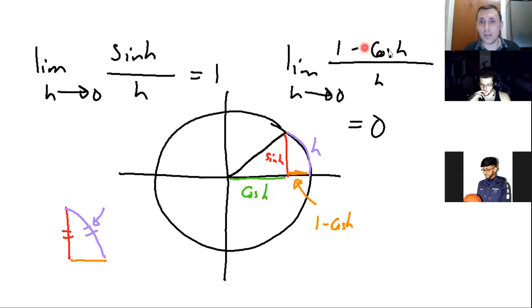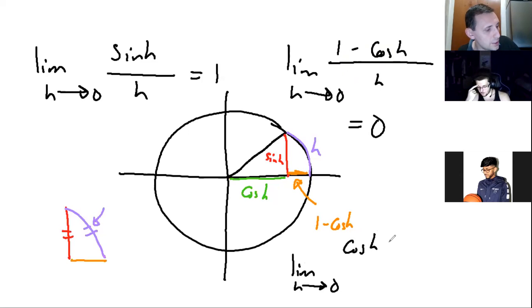So you see, look at this limit. If this limit is 0, then in particular this limit would also be 0, right? So the limit as h goes to 0 of (cosine h minus 1) divided by h would be 0 because it's just multiplying by minus 1. Quick comprehension check, guys.